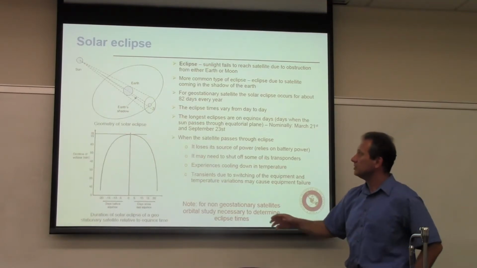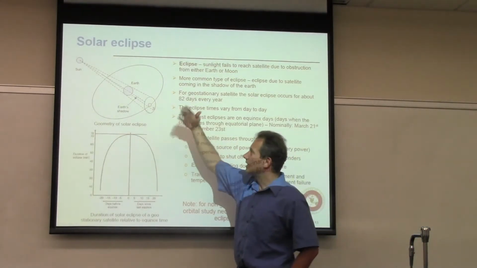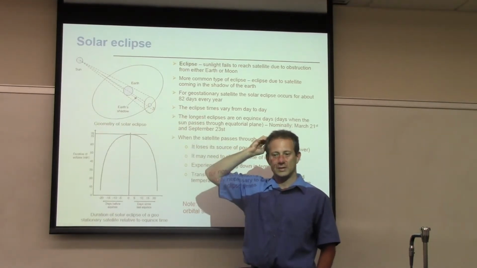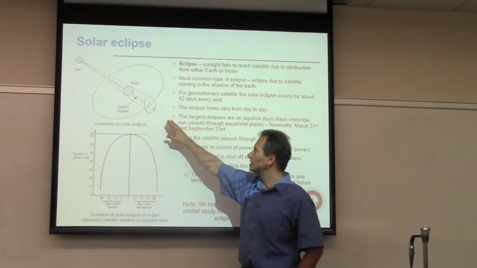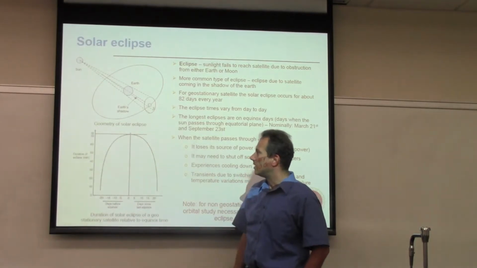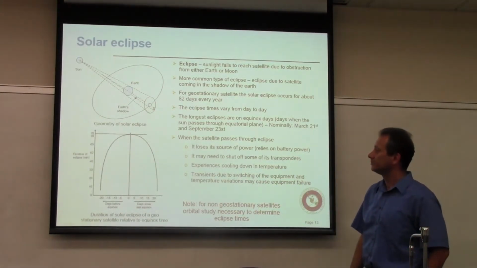If you look at geostationary satellites, then for any arbitrary orbit, this may happen or this may not happen, or this may happen at different times or different durations. But if you look at geostationary satellites alone, this is the profile of how long these eclipses are.